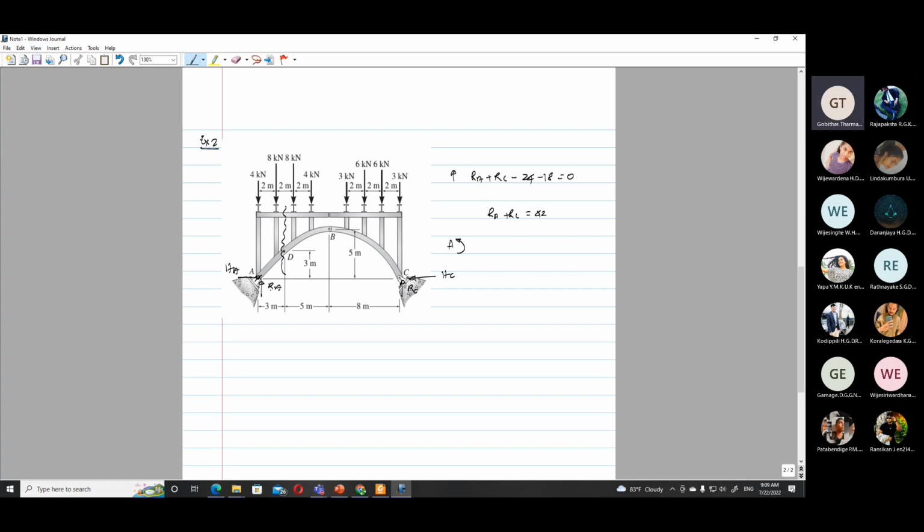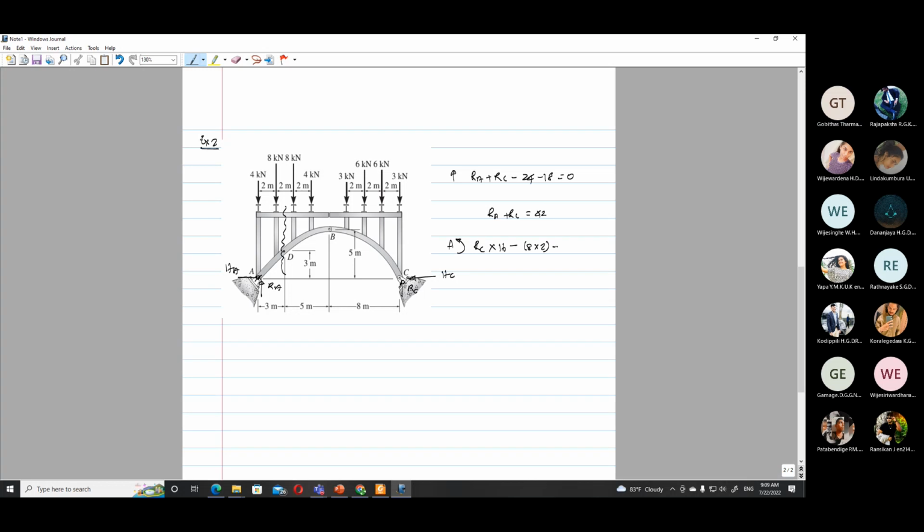Okay. Then if I take moment at A, HA and RA will cancel off and HC also will cancel off. So RC into 16 minus, 4 is acting through this point, so 4 will not be considered.